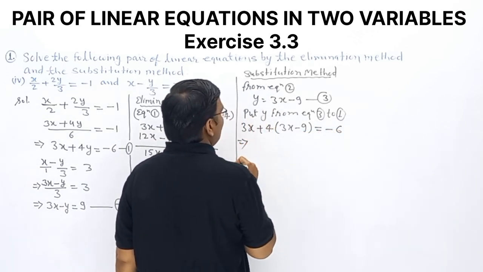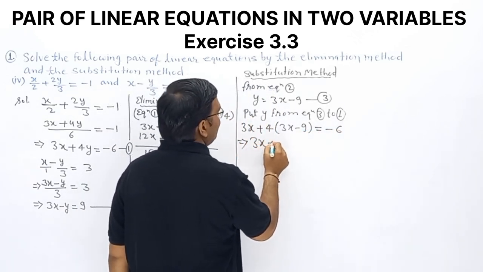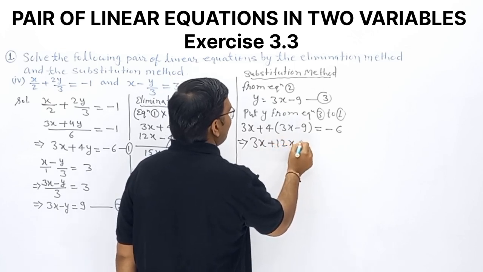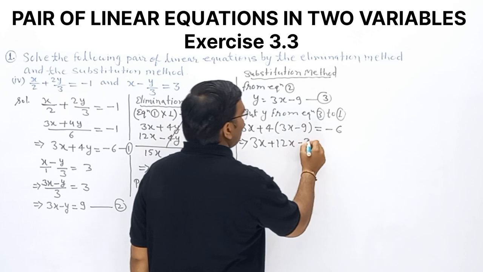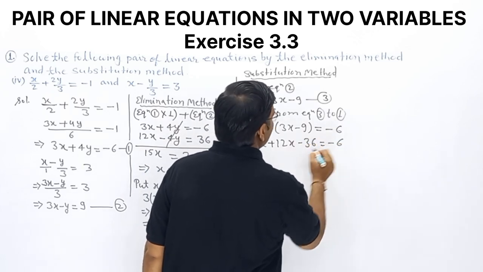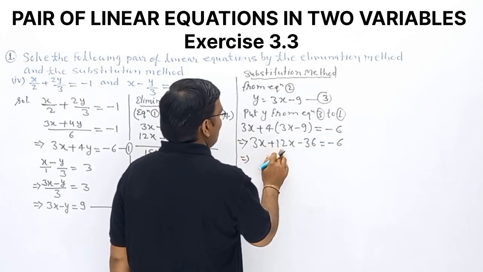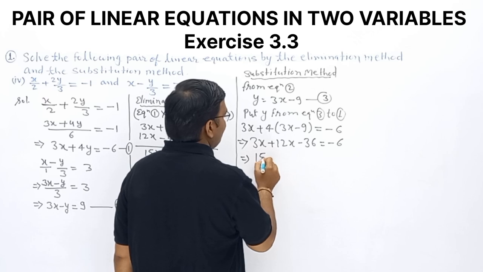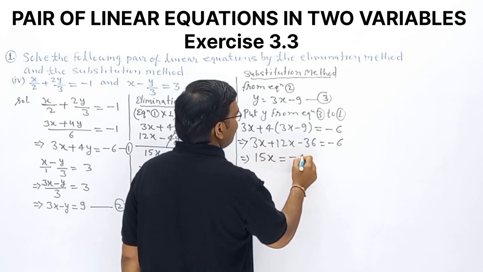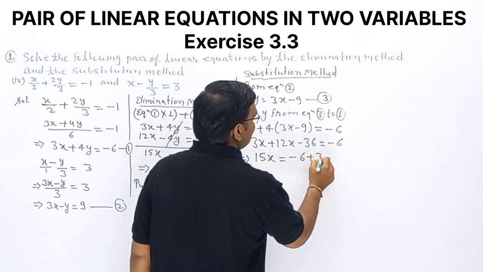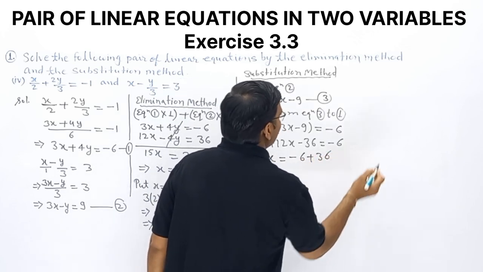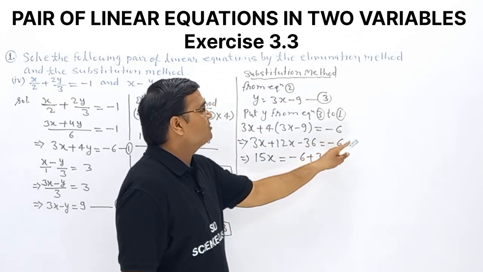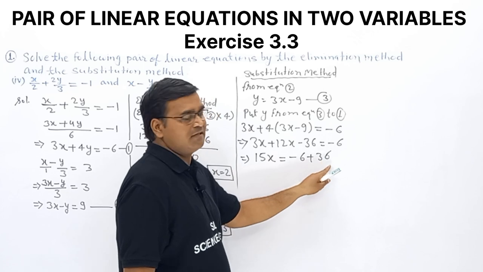Solve for x. 3x plus 4 times 3x is 12x, minus 4 times 9 is 36, equal to minus 6. Now 12x plus 3x will be 15x equal to minus 6 plus 36. I am transposing this towards the right, so this will be positive 36.